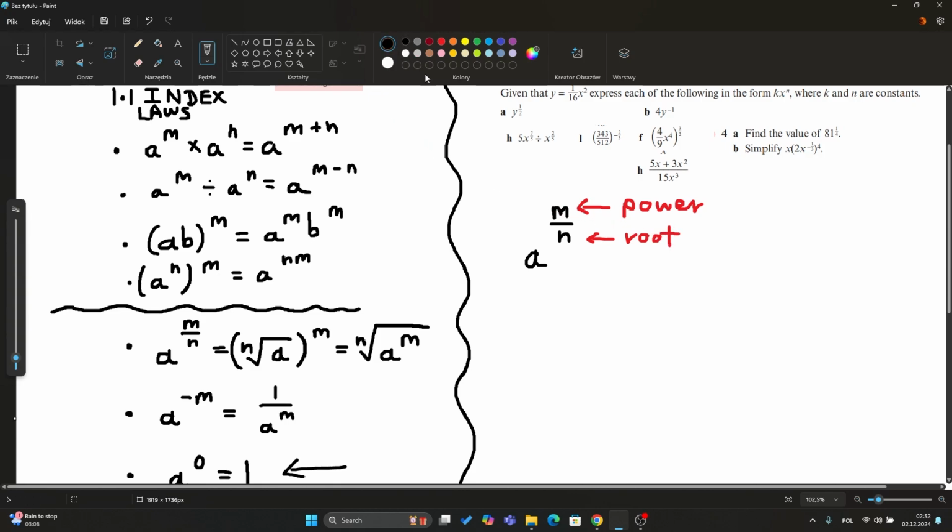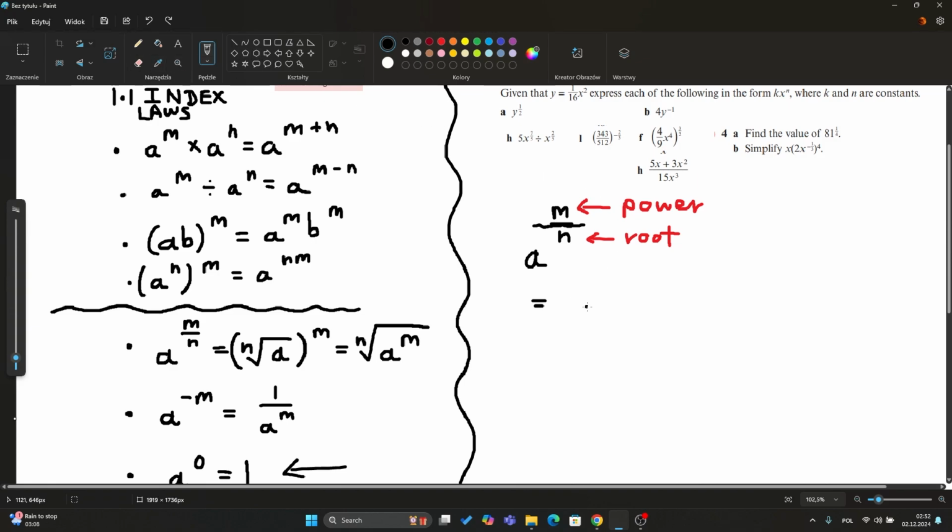It's easy to remember because the m has the power over the root. You can think of the root as being under the ground, like the roots of a tree. So this is a root, square root, and the power is on the top because it is more powerful. That's the way I remember which one is which.